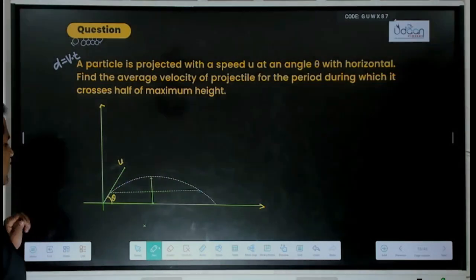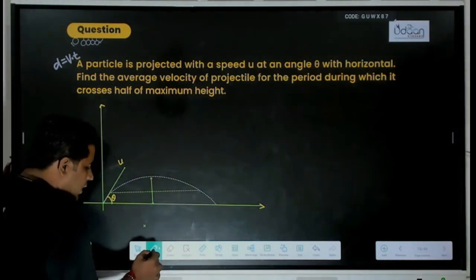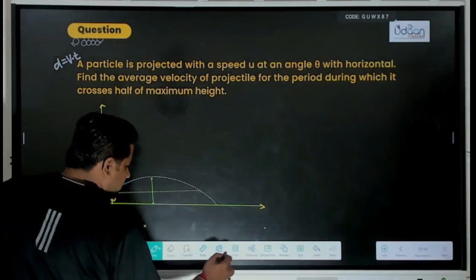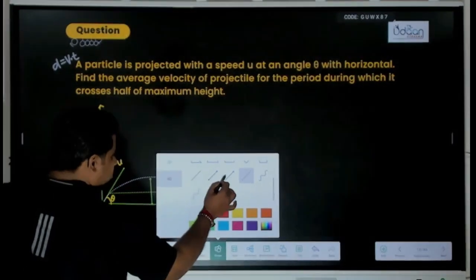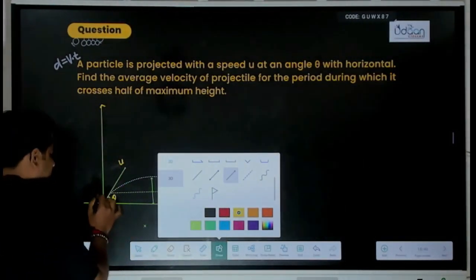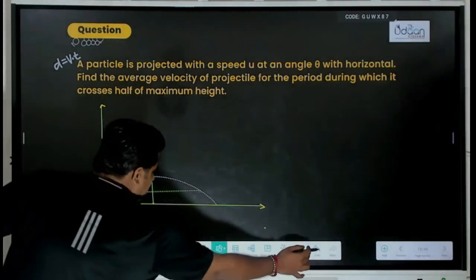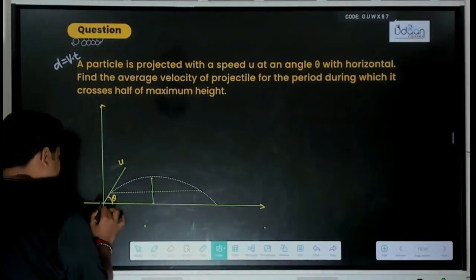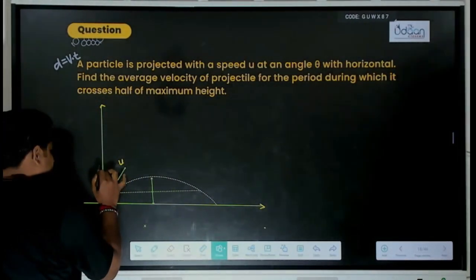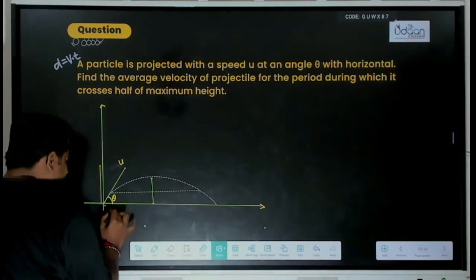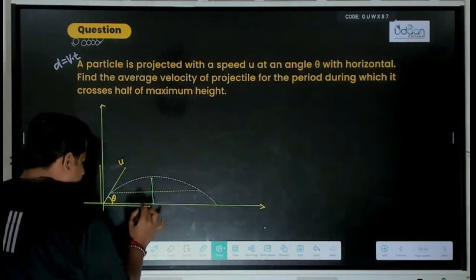So what I can say is that, suppose at the initial point, the initial velocity was u sin theta in this way, and on the x-axis u cos theta this way.